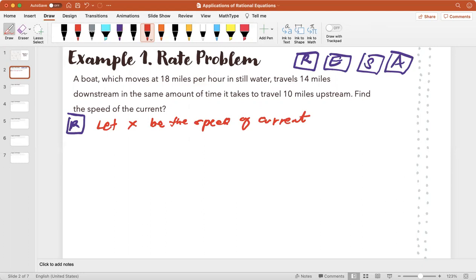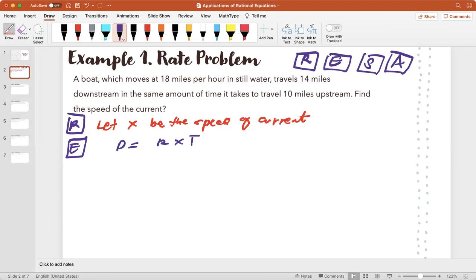In order to find our equation, we must put this in a table. Since the rate is involved, distance is involved, and what else? Time is involved. Then we have to make use of the DRT table. Do you remember the DRT table? Distance is equal to rate times time, right?